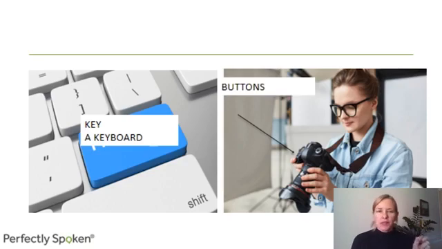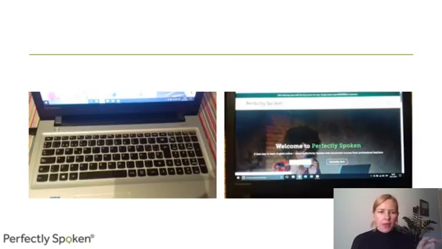Now here you can see on the left my computer keyboard, and then on the right, what can you see? This is my computer. What type of computer is it? It's a PC, it's not an Apple Mac, and it's a laptop, which means it's portable.